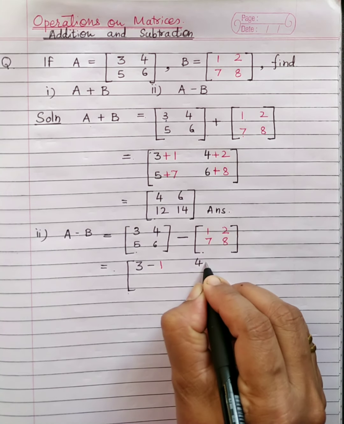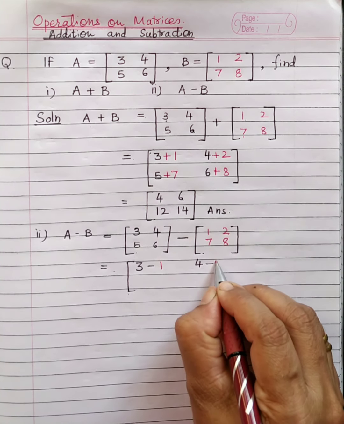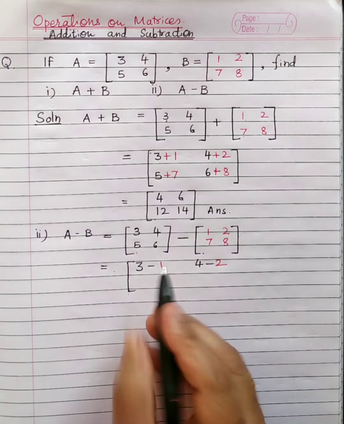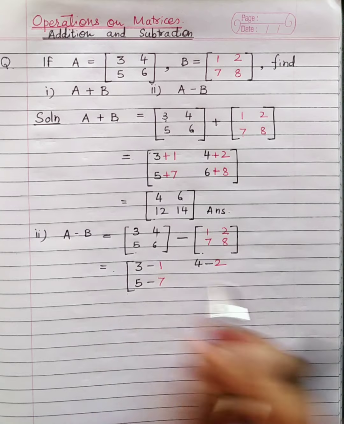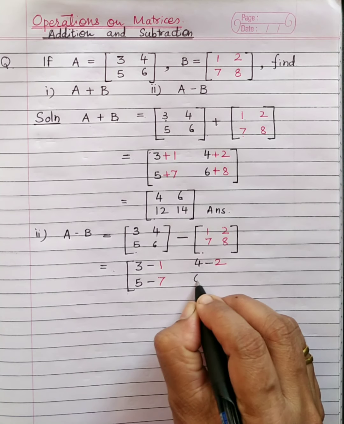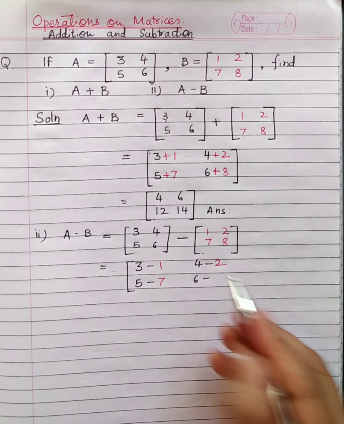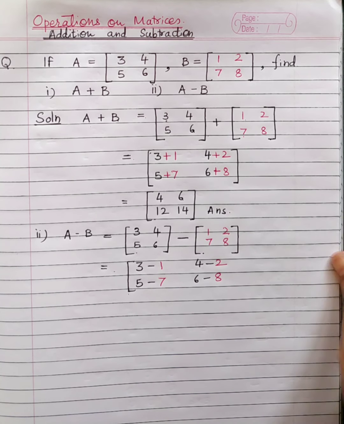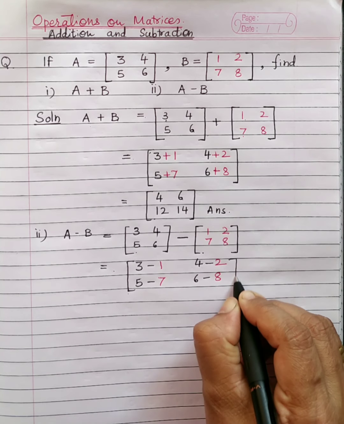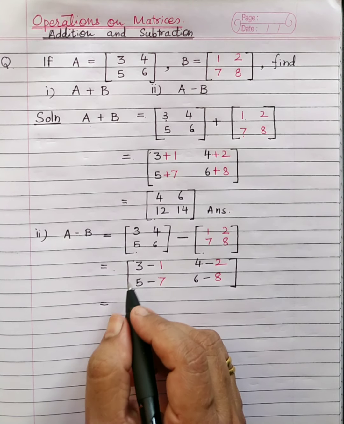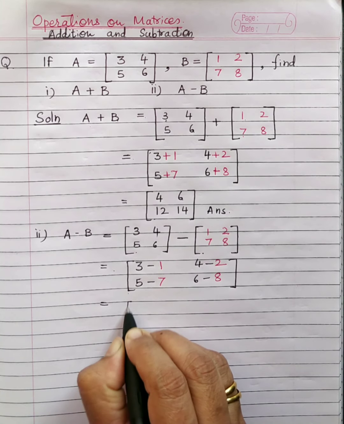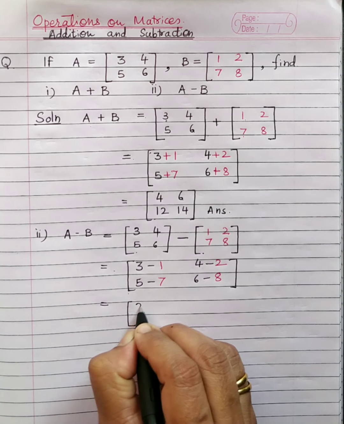From 4, what is being subtracted? 2. 5 minus 7 and 6 minus 8. Pretty simple. Just be very careful, do not make any calculation mistake over here. So your answer matrix is what? 2.